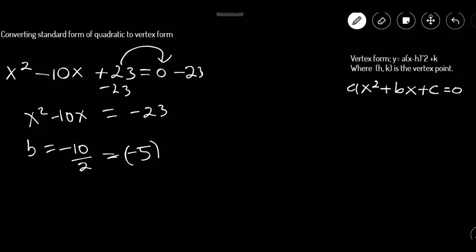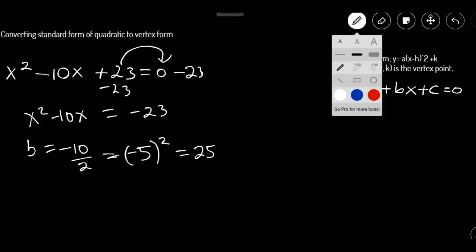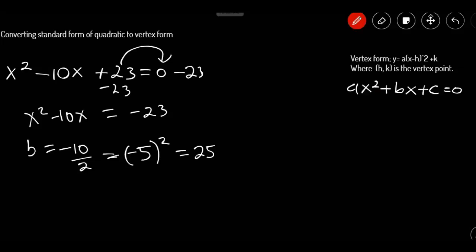We square it and we get 25. So once we get this 25, we are going to add it here on the left hand side, and we do the same thing on the right hand side.